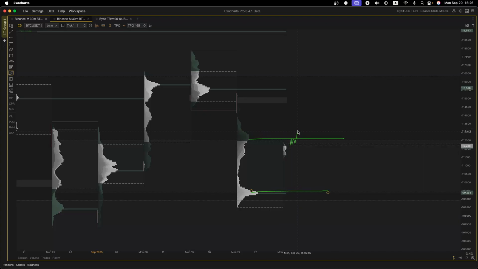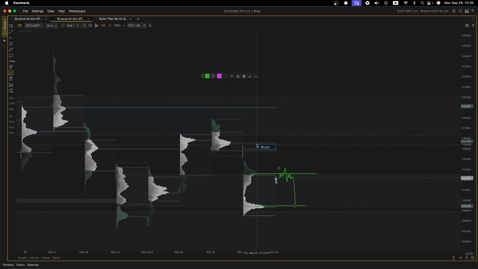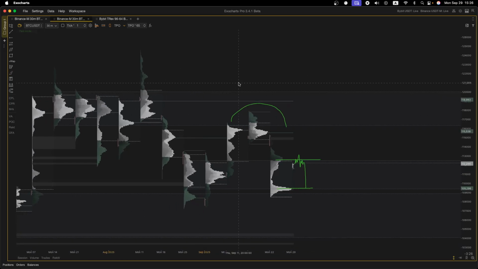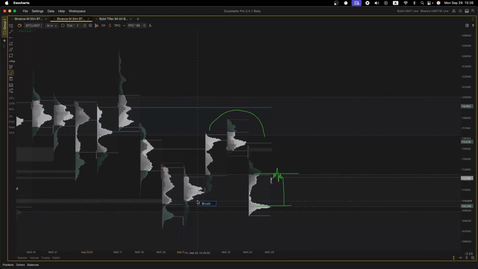I'm personally looking for shorts into here for a potential rotation lower. But having in mind whole market sentiment, which is that we rejected off the 5-week composite into the highs here. We bounced off here. We have formed some poor lows right here, actually, and another poor low.